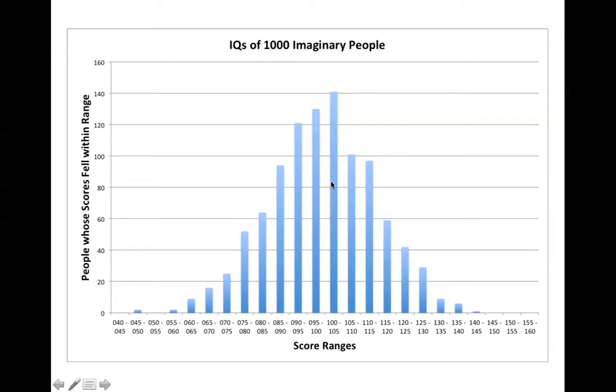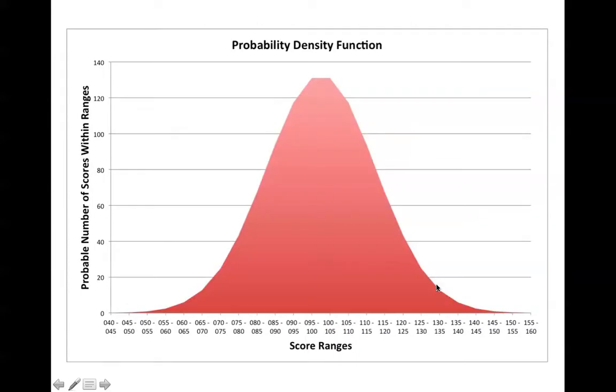To understand what a normal distribution is, you kind of want to look at a histogram compared with this, a probability density function. Now this curve and the area under it are supposed to represent the likelihood of a person falling into a certain range.